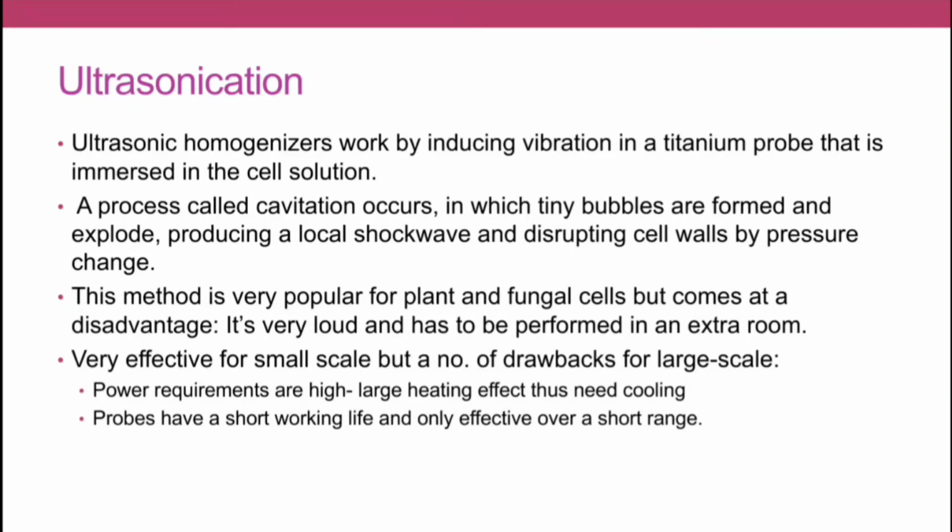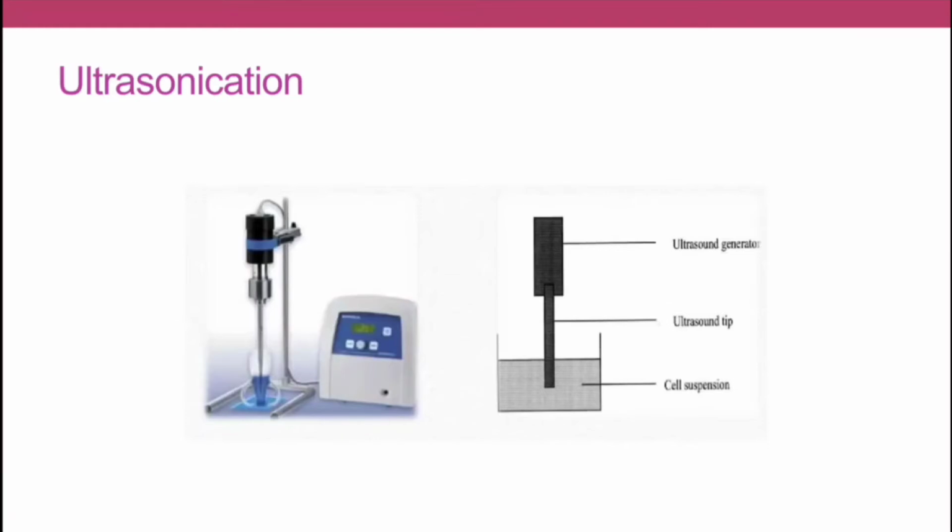This method is very popular for plant and fungal cells, but has one disadvantage: it is very loud and has to be performed in a separate room. It is very effective for small scale, but has drawbacks for large scale: power requirements are very high, a large heating effect needs cooling, and the probes have a short working life, and it is only effective over a short range of time.